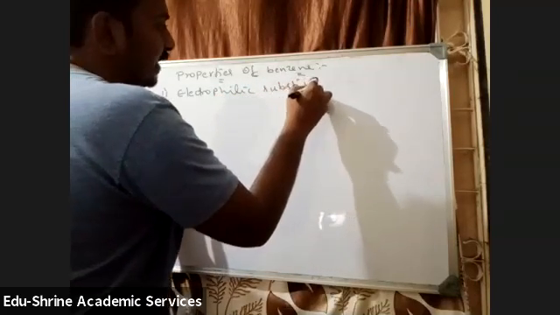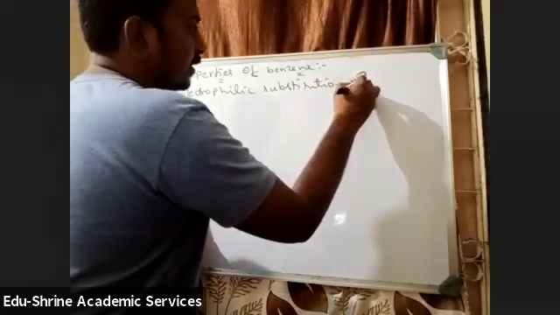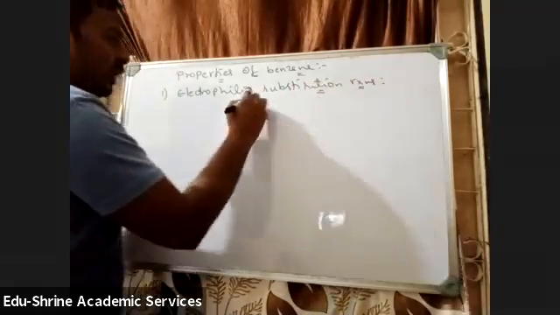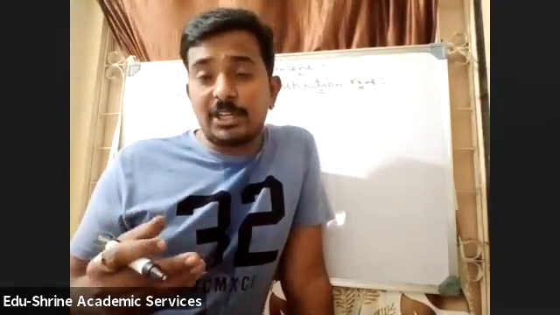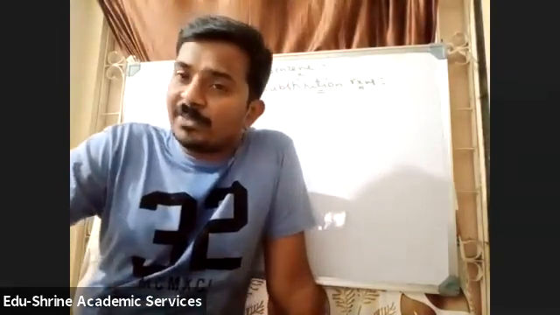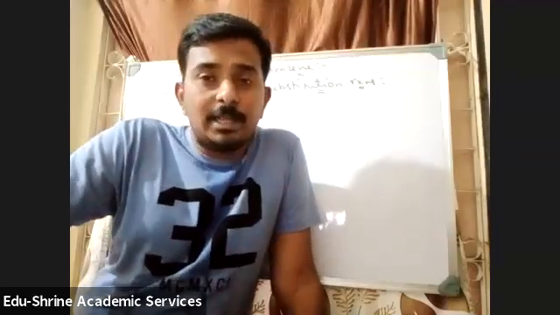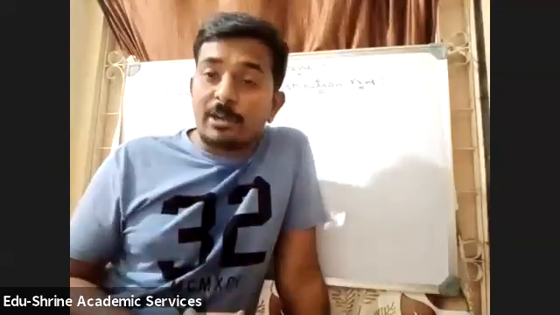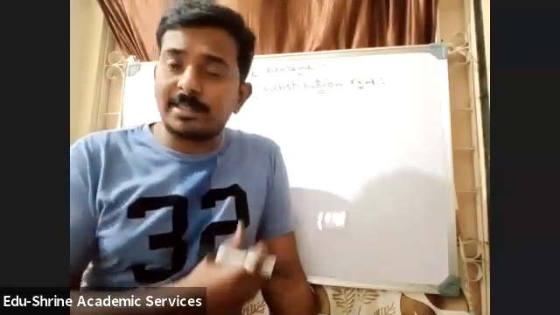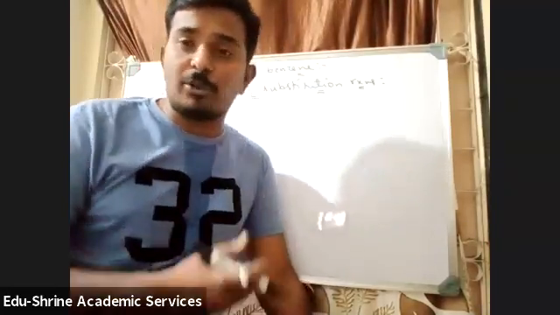And you know what these are: one is halogenation, one is nitration, one is sulfonation, one is Friedel-Crafts alkylation, and one is Friedel-Crafts acylation. You need to remember the electrophiles and identify the order of reactivity of a given compound towards electrophilic substitution. So first I'll write the 5 reactions, then we'll see some questions based on that.